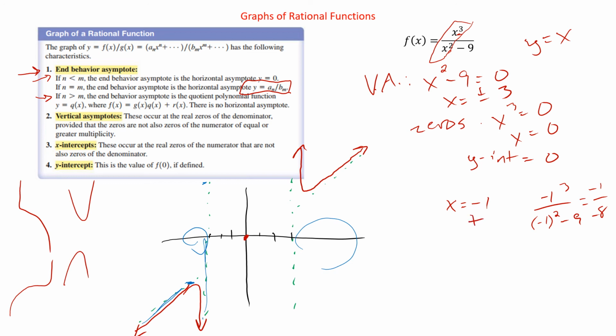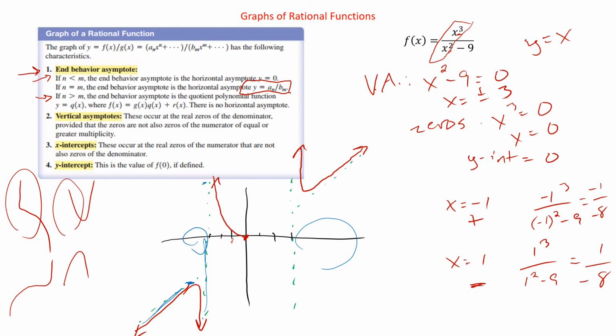So when x equals -1, it's going to be positive, which means we're going to have one of those 2 options, because it's going to be coming up to this positive asymptote. And how about when x equals +1? We'd have 1 cubed over 1 squared minus 9. That's 1 over -8, which is a negative number, which means all the y values here are going to be negative, which takes it down to that lower asymptote.